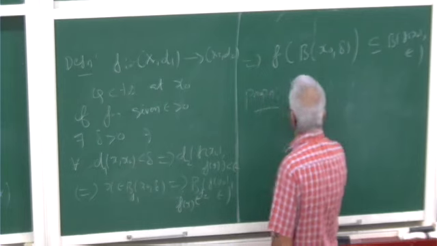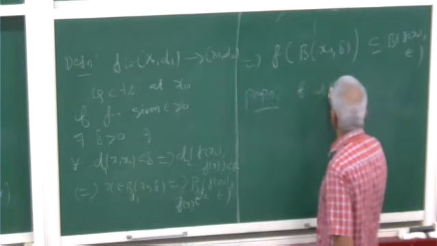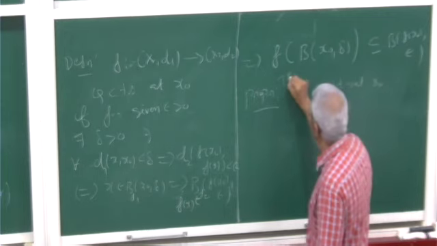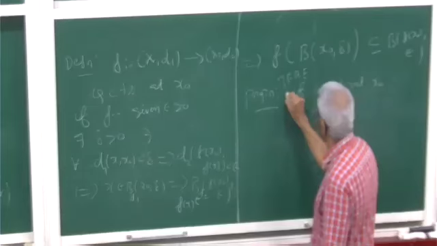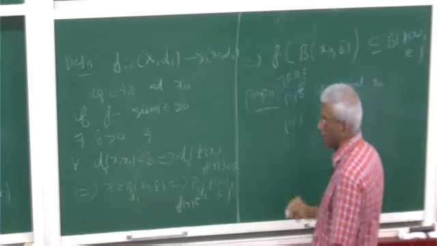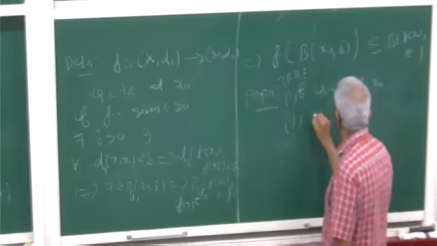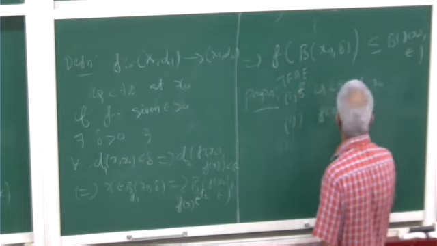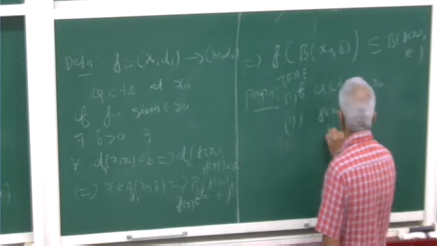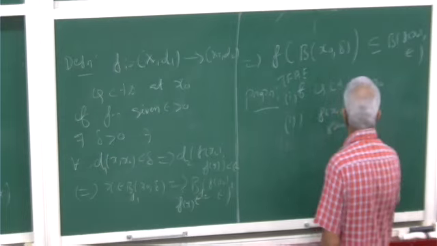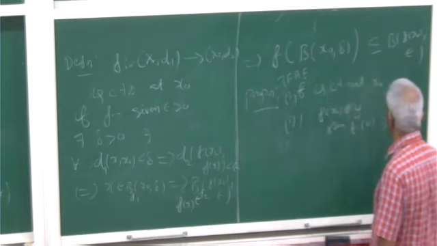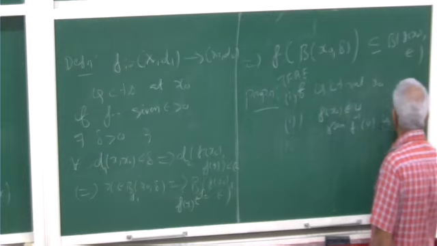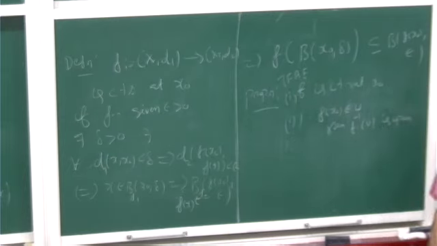Okay. So now the proposition. F is continuous at x naught. The following are equivalent. First one, f is continuous at x naught. Second, if f of x naught is in some open set u, then f inverse of u, which is a set, is open and it will contain x naught, of course.